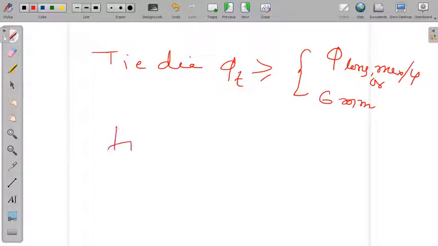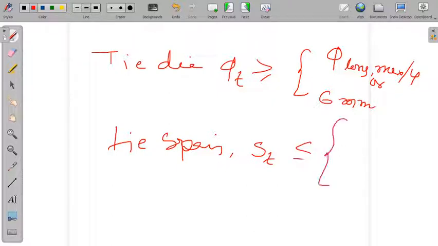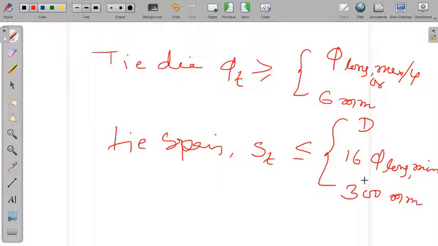And tie spacing, denoted by st, must be less than or equal to d, then 16 phi long minimum, or 300 mm.